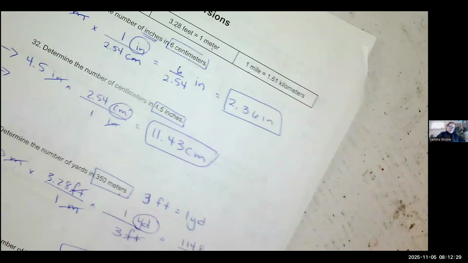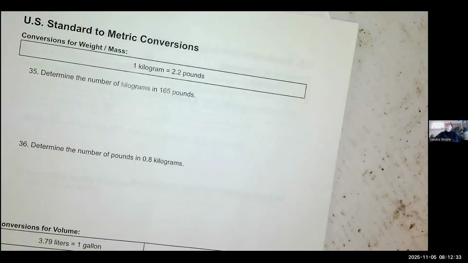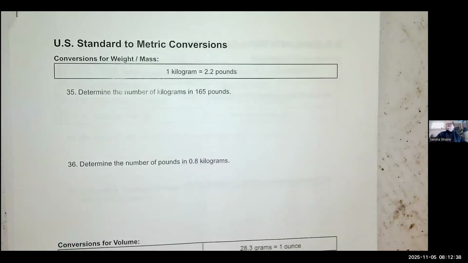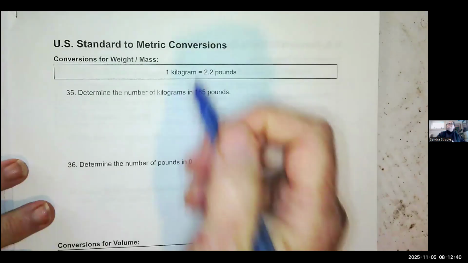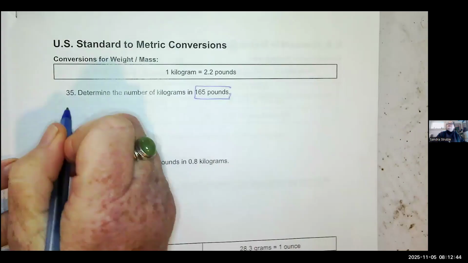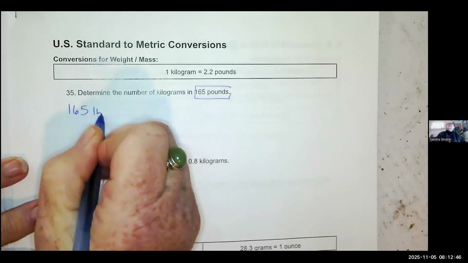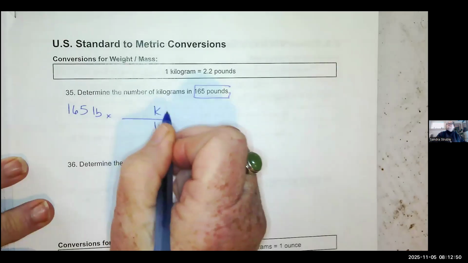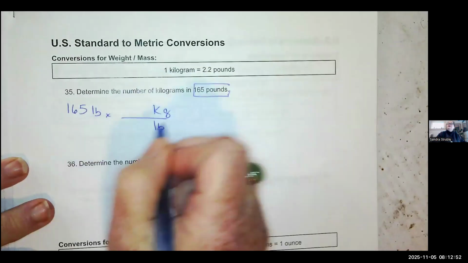All right. Now we're talking about weight or mass, and we've got a kilogram is equal to 2.2 pounds. Determine the number of kilograms in 165 pounds. Start with what you're given. We want to get rid of pounds and go to kilograms. We do have a direct path there. It's a one-step conversion. 2.2 pounds is 1 kilogram.